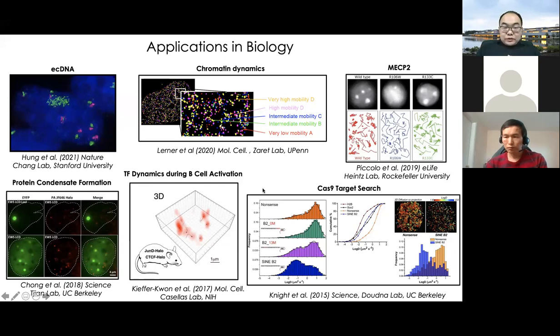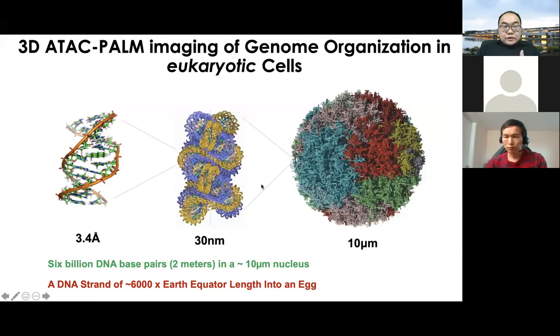Today I'm going to specifically focus on one imaging technique that we developed called 3D ATAC-PALM to study gene organization in single cells. Gene organization in mammalian cells is quite a big challenge to study because in human cells, we roughly have 6 billion base pairs of DNA. If we stretch it out, it's roughly 2 meters long.